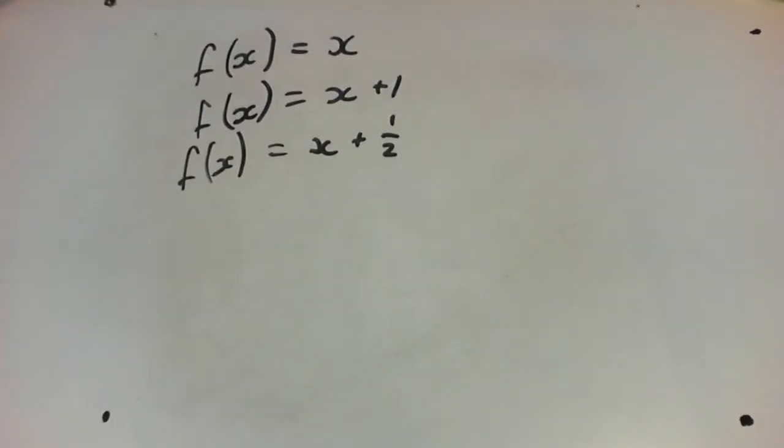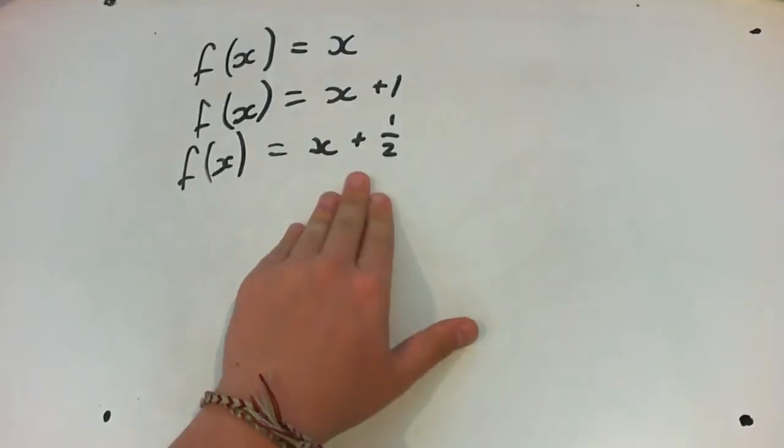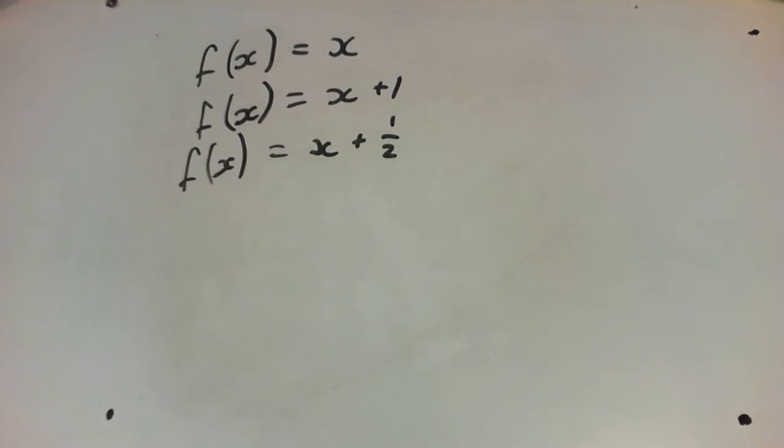These are all functions. What can we deduce from this? That we have an infinite number of functions. And that doesn't help us. We need to find a way of categorizing these functions, of putting them into categories which help us understand them better. Okay?